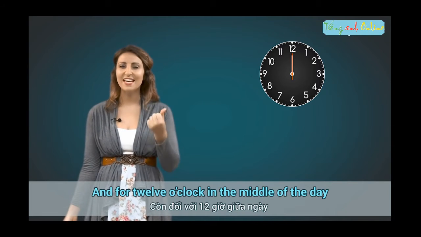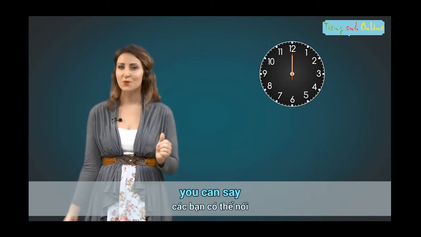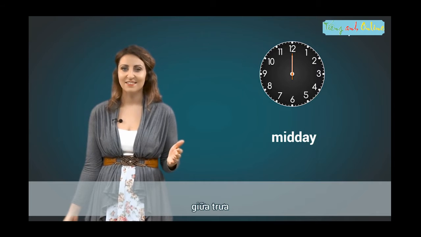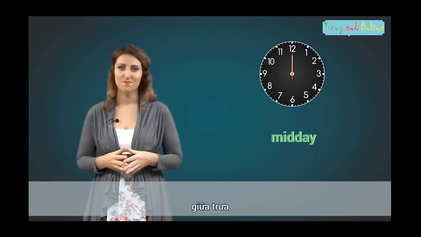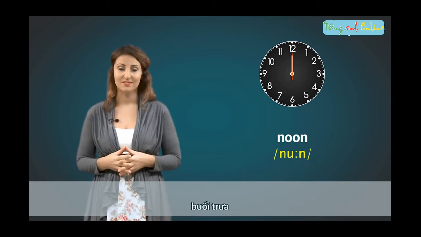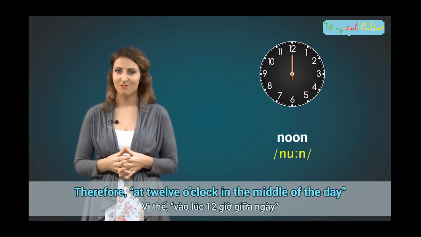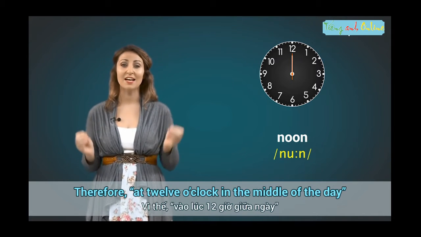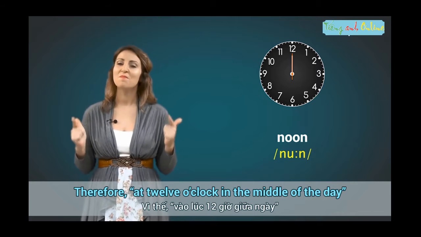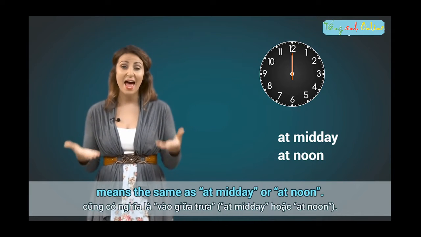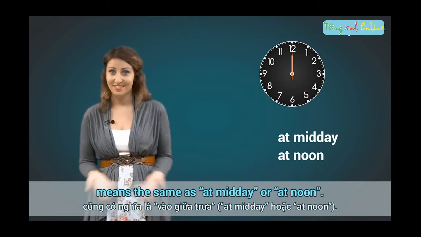And for 12 o'clock in the middle of the day, you can say midday. Or noon. Therefore, at 12 o'clock in the middle of the day means the same as at midday or at noon.